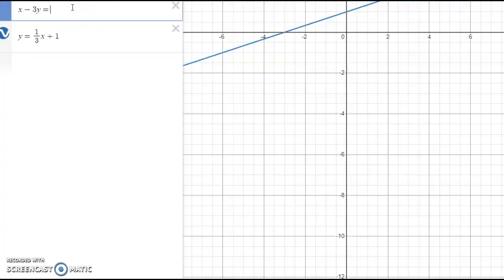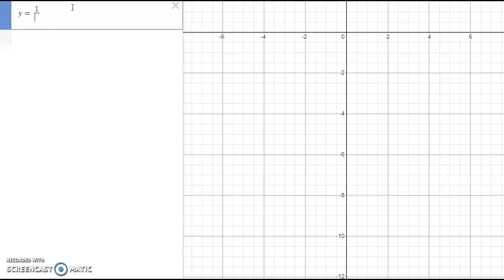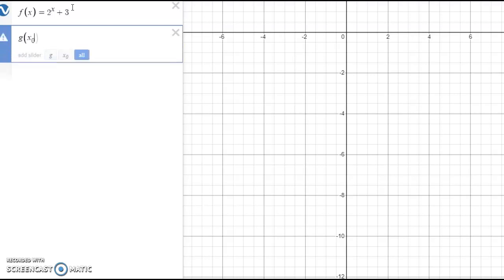Let's graph this first one here, and I'm going to delete both of them so we have a nice clean slate to work with. Here's the first one, and Desmos allows you to write it in that function notation. 2 to the x, and I did a shift 6 to get that caret, plus 3, and then g of x is going to be equal to negative x plus 6.